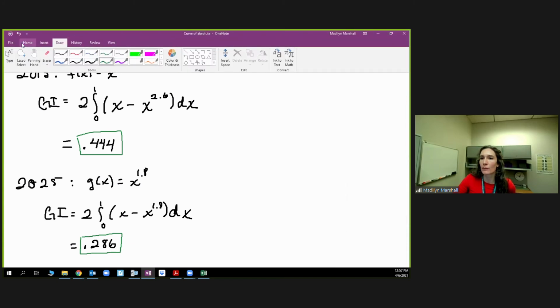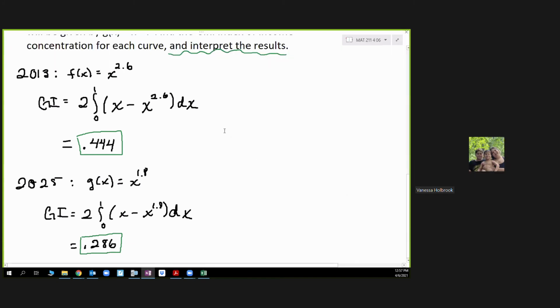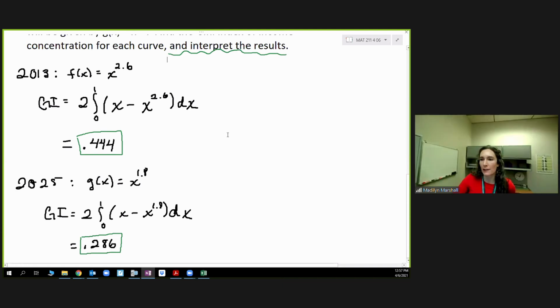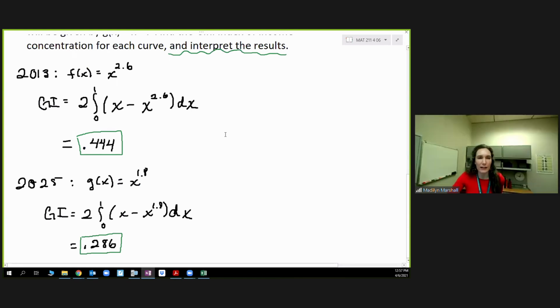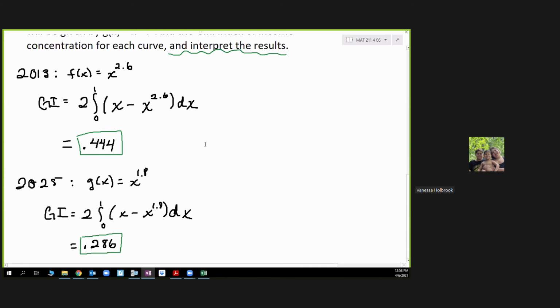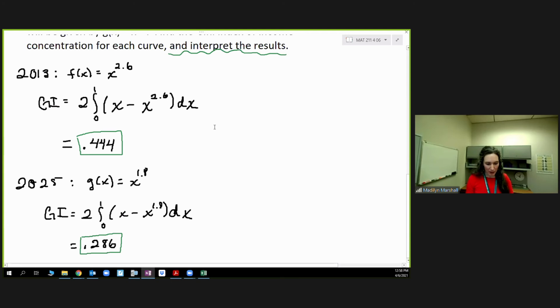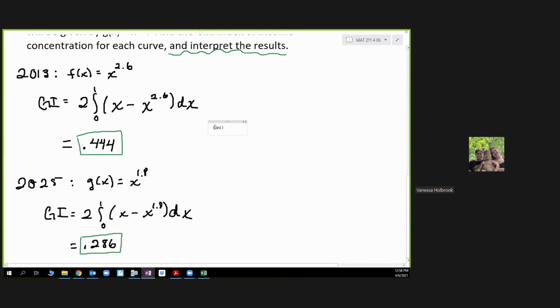That it decreased or increased over time? It's not a percent. Yeah, it's just sort of the scale. So then it went down from 2013 to 2025 by 0.24. Income is more evenly distributed. Yes, exactly.